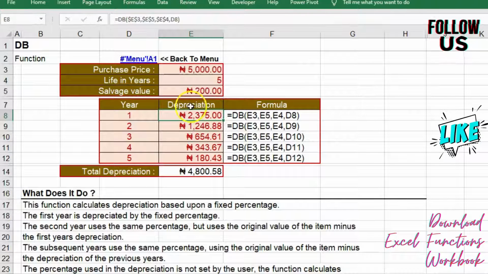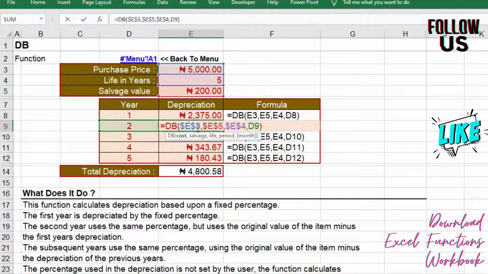In the first year, dB equals E3, that's the purchase price, E5, the salvage value, E4, the life in years, then D8, that is the year 1 we are considering. So after year 1, if I click enter, I will have this value. Year 2, I will have this value.